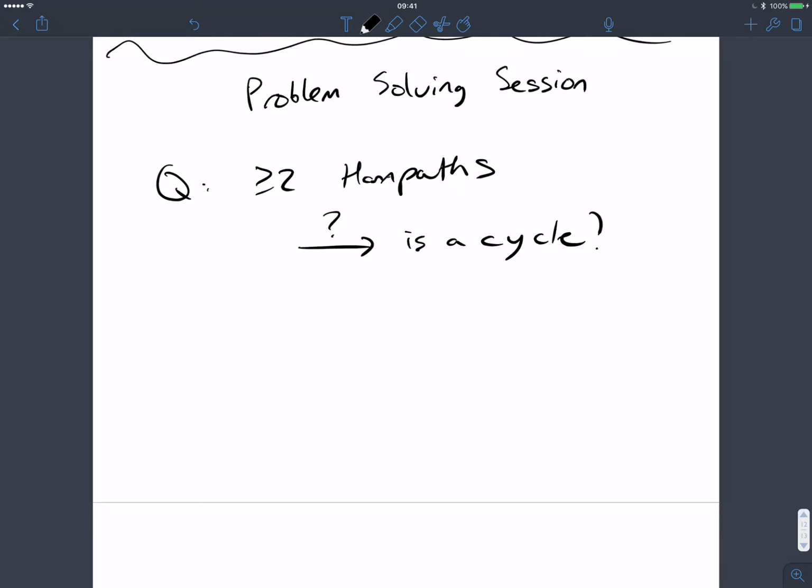And it's actually not too difficult to produce an example for which that is a possibility. But it's just saying if there are at least two, then you have to see that there is a cycle of three vertices somewhere. I can't give away too much. But it's just seeing that because the Ham paths are different, there must be a cycle somewhere, and the fact that it's a tournament.